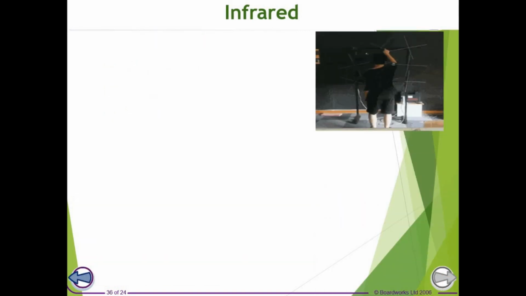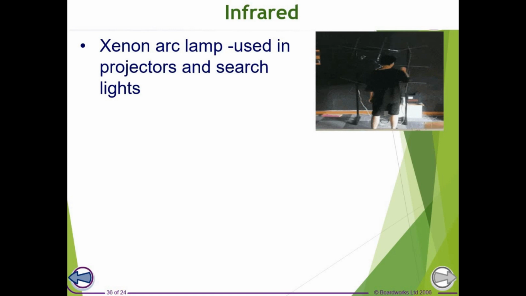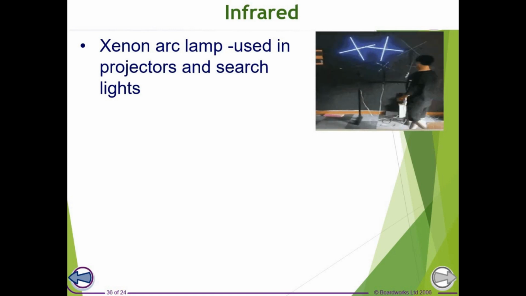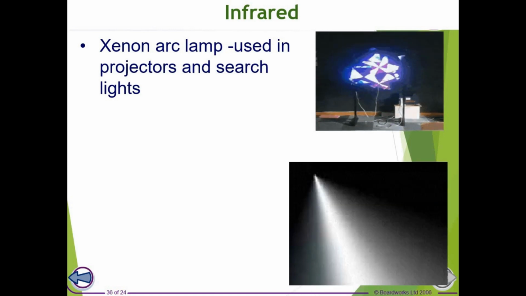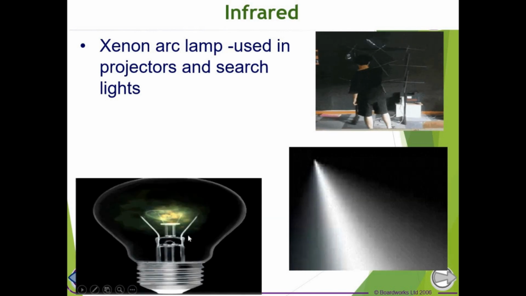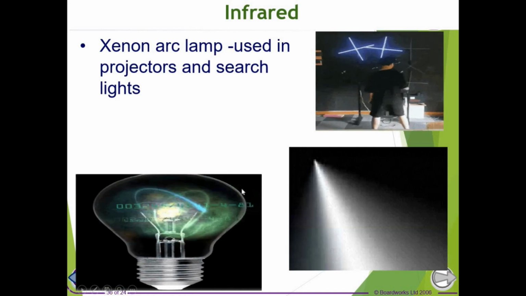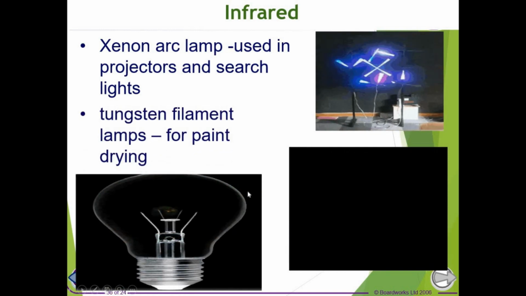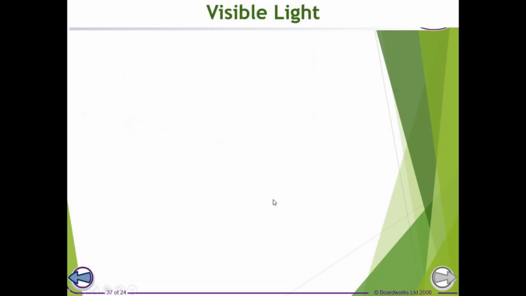Then we also have the xenon arc lamp used in projectors and searchlights. We also have the tungsten filament lamp. The tungsten filament lamps emit infrared radiation and are used for general lighting and paint drying.